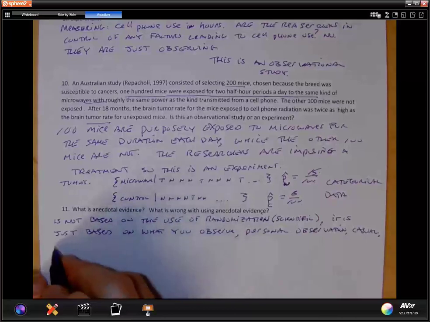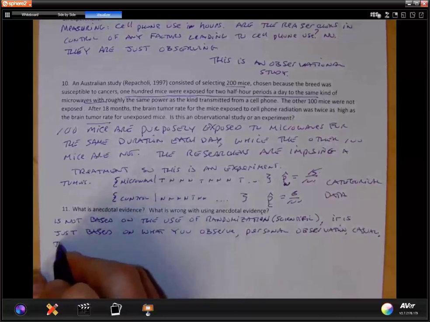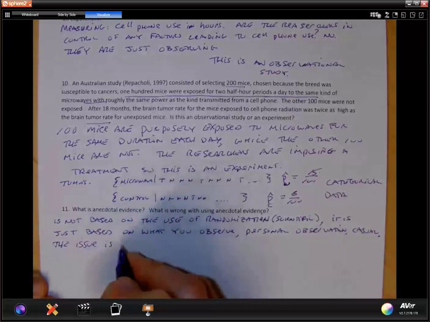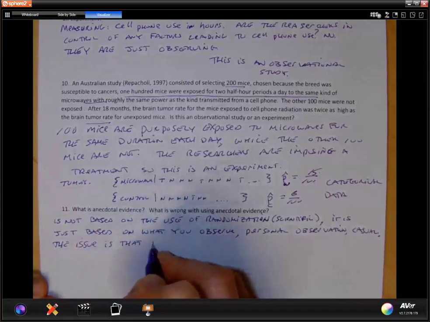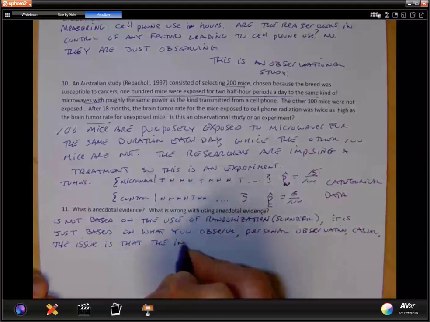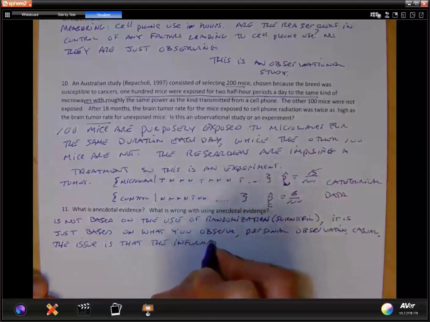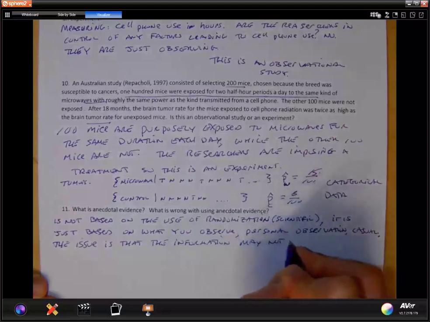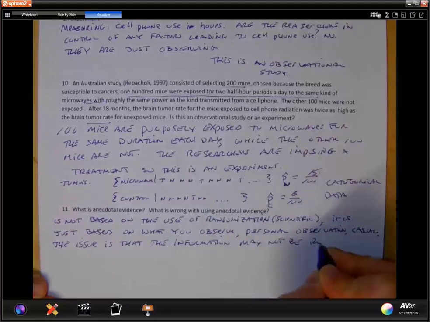So the issue here, though, is that the information may not be representative.